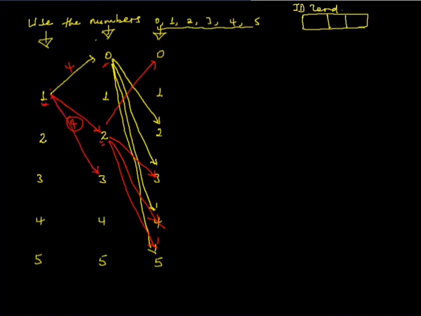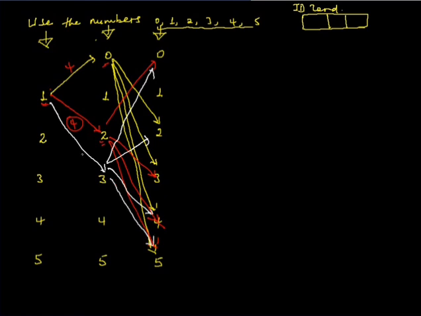Let me use different colors. So let's fix 1 with 3. Then it's possible to take 1 3 0, 1 3 2, 1 3 4, and 1 3 5.